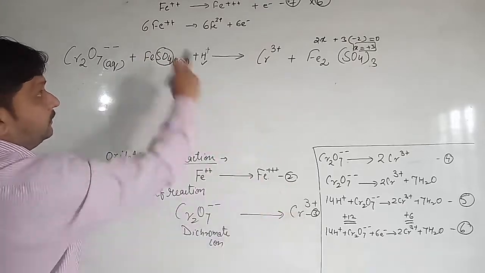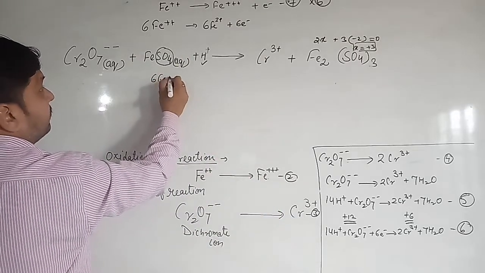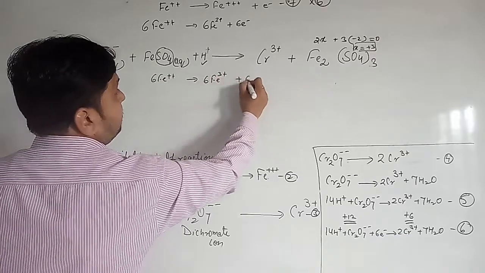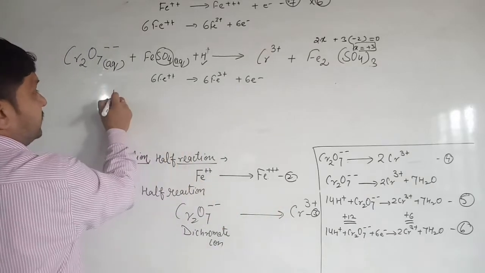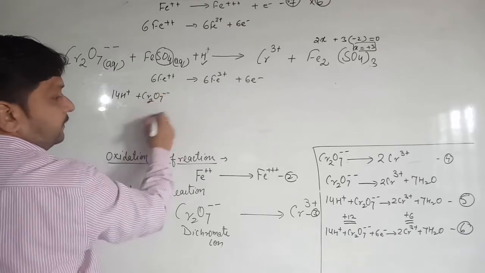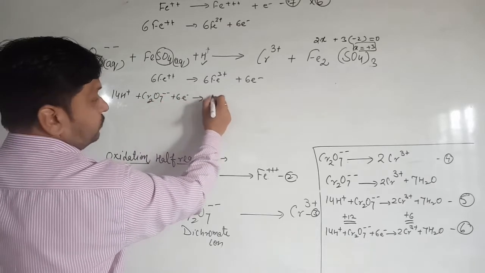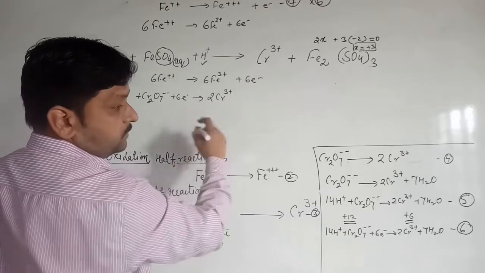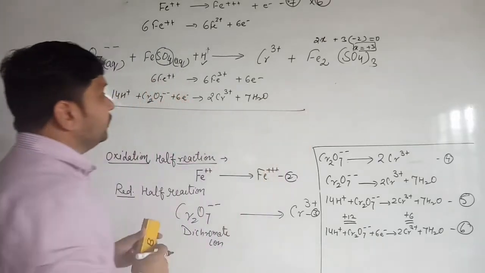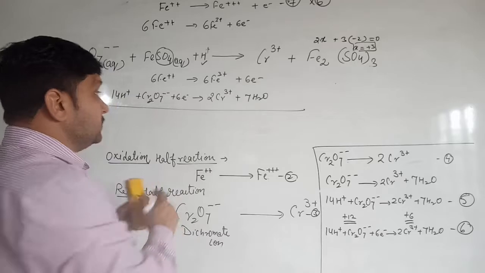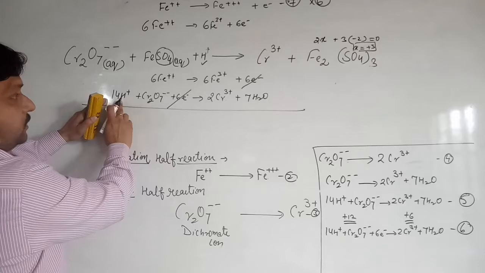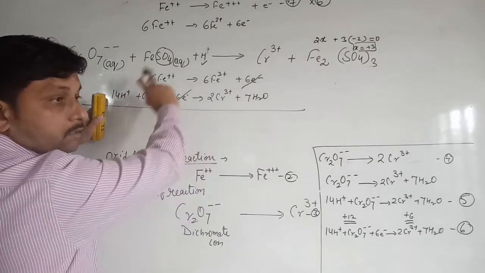So first of all we write these two equations: 6Fe2+ → 6Fe3+ + 6 electrons. Now we write this equation: 14H+ + Cr2O7 2- + 6 electrons → 2Cr3+ + 7H2O. Now we add these two. Because the electrons are on opposite sides, they cancel each other. See here, 14H+ is only on the reactant side, not on any other side.